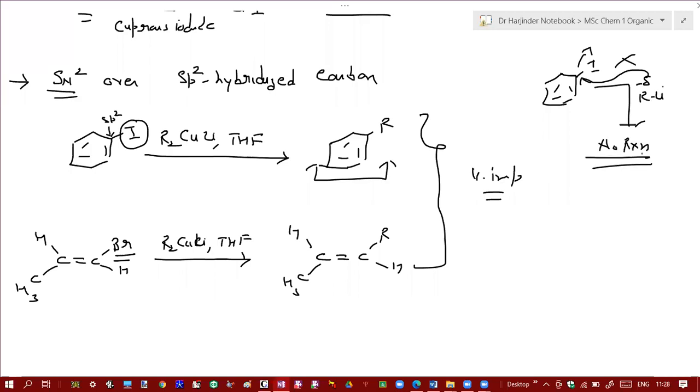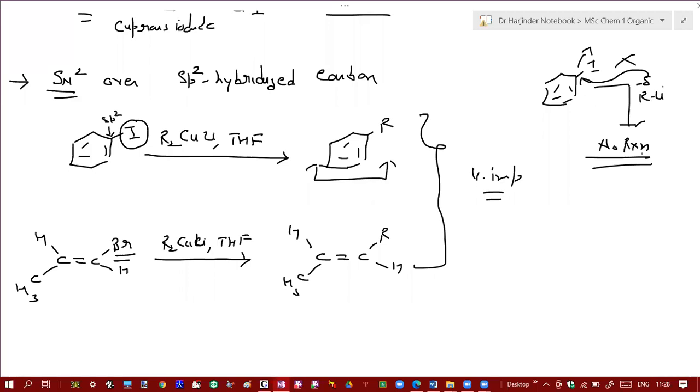So we can bring nucleophilic substitution over sp2 hybridized carbon, whether it is aromatic or a simple vinylic carbon, with the help of only Gilman reagent. Alkyl lithium or Grignard reagents do not react here. Is this point clear to all of you?